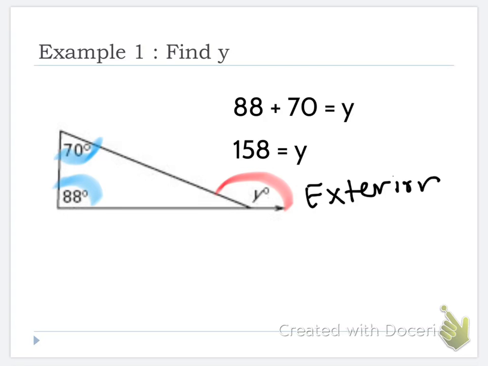Here is the setup: 88 plus 70 is equal to y. Combine like terms and we get 158 equals y, and this is our answer.